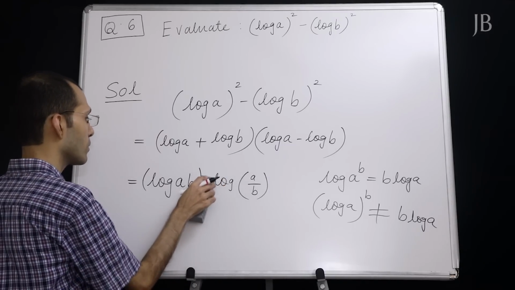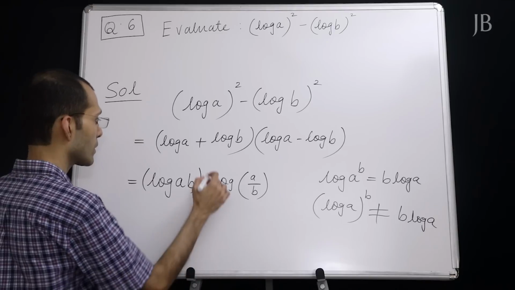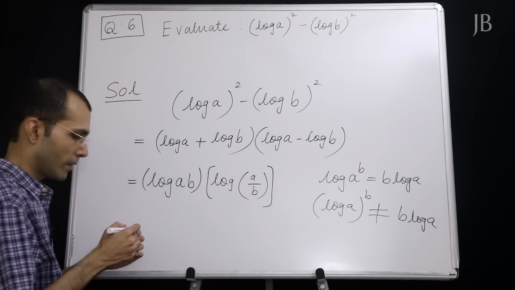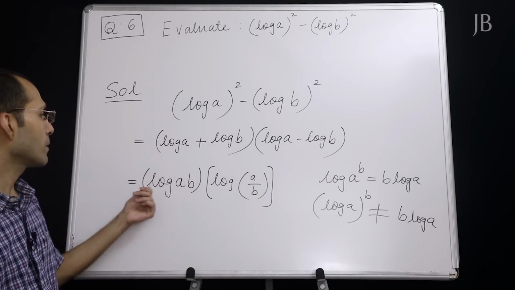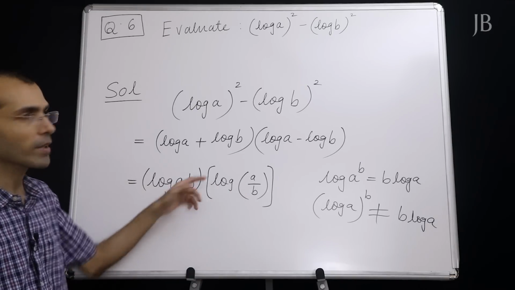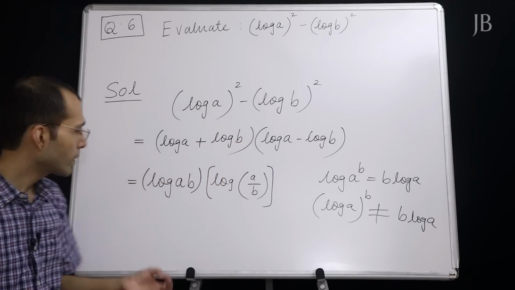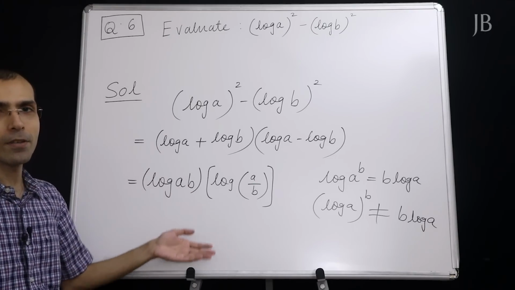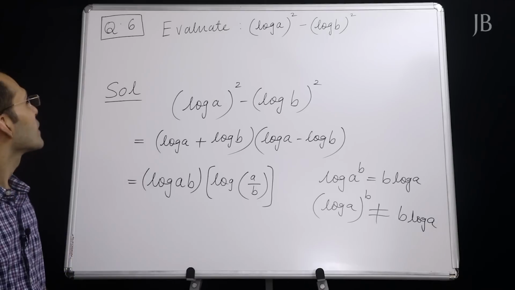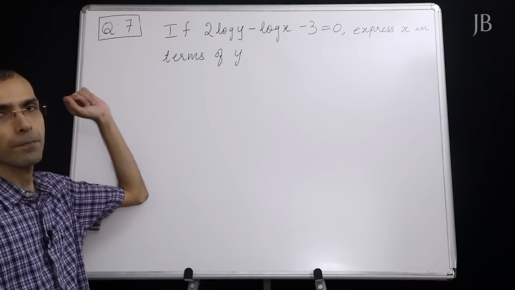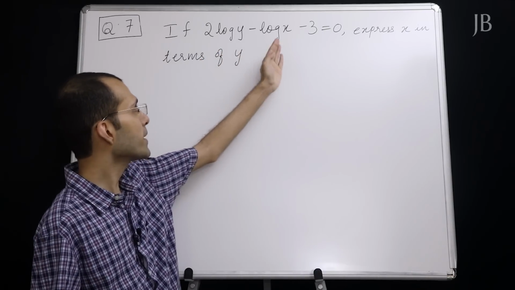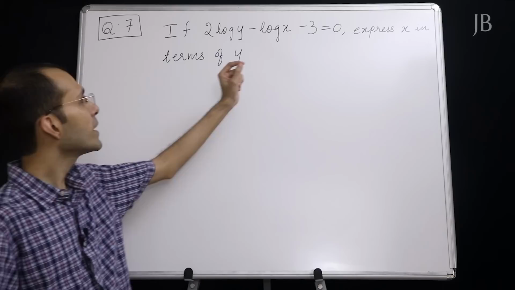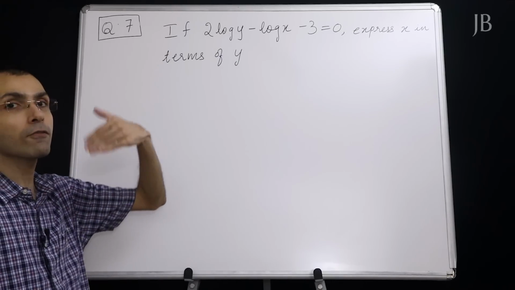So log a minus log b will be log of a by b, and log a plus log b will be log of ab, and both of them have to be multiplied because there is a multiplication sign in between. And yes, the sum is over. Nothing beyond this can be done. Question 6 is now complete. Question 7. If 2 log y minus log x minus 3 equal to 0, express x in terms of y.